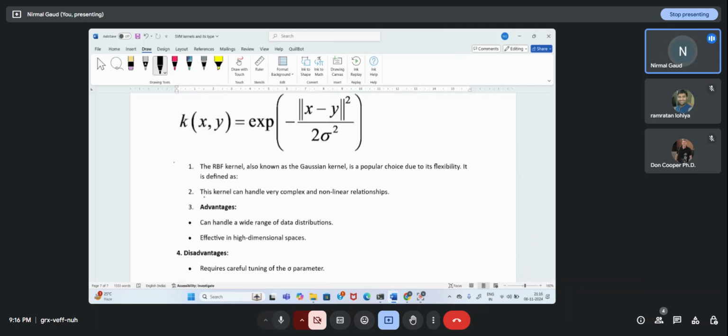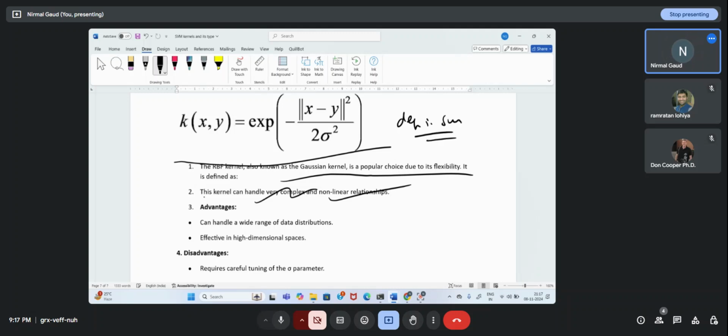Here is the formula for the Gaussian. Gaussian can handle complex and non-linear relationships also. So by default, in SVM, we have Gaussian only, RBF. If you just write from sklearn.svm import SVC, the support vector classifier, then by default RBF will be the kernel, not linear.